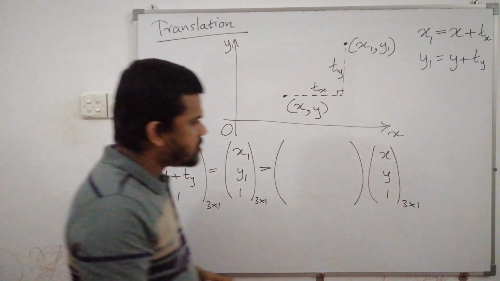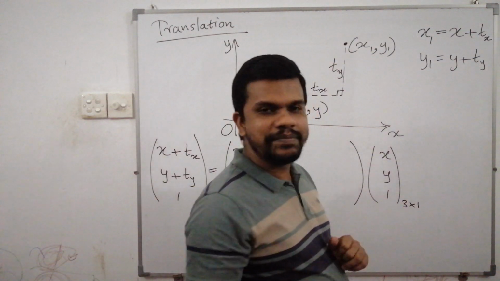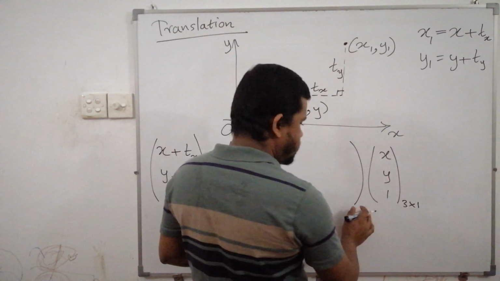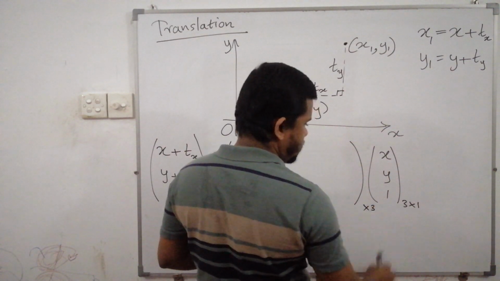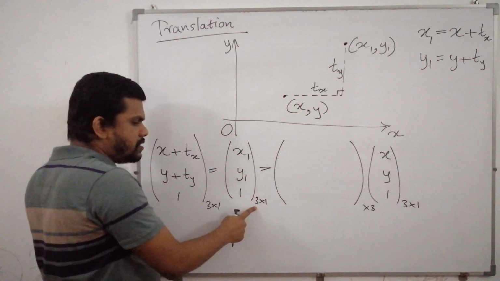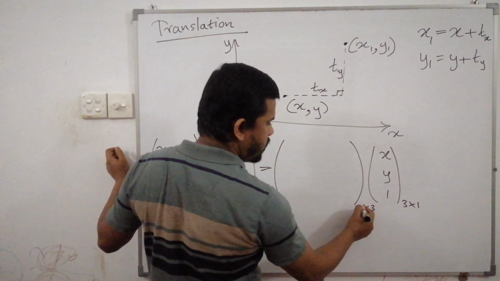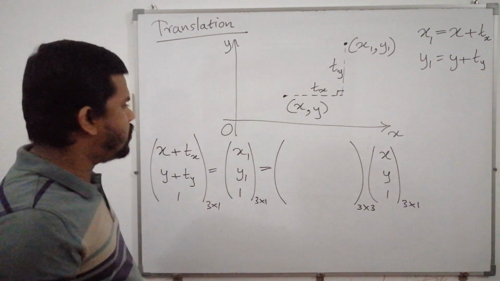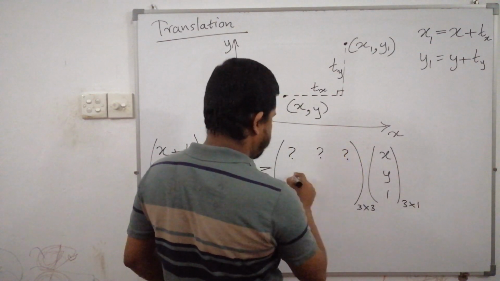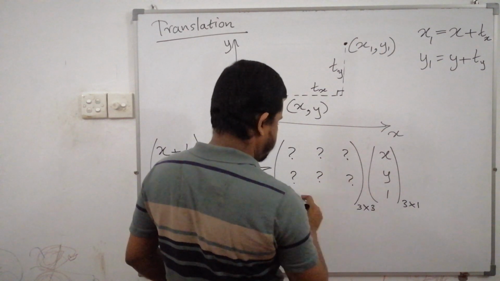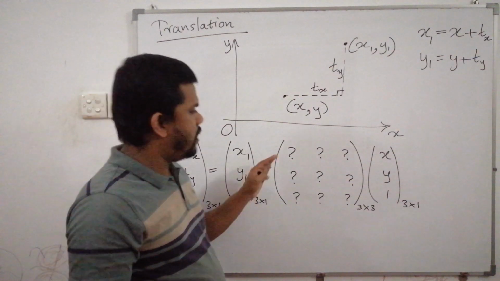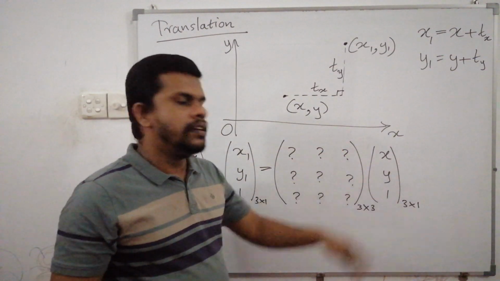So now here we have 3. In order to be able to multiply these two matrices, the type must be something cross 3. In this matrix we have 3 rows, therefore here it must be 3. Therefore, this is a 3 cross 3 matrix. There are 3 rows and 3 columns.